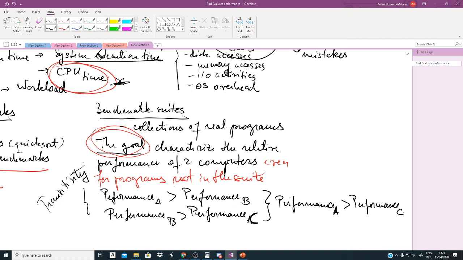So for instance, take tennis. There are often situations in which player A beats player B, player B beats player C, but when player A meets player C, player C will beat player A. Although it should follow transitively that player A should beat player C, it is often not the case.